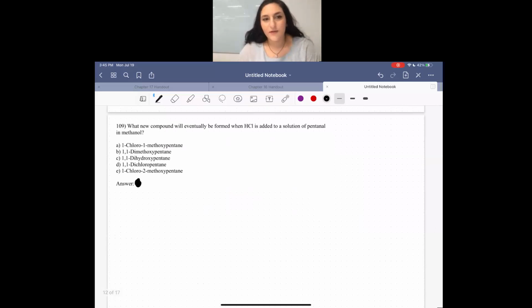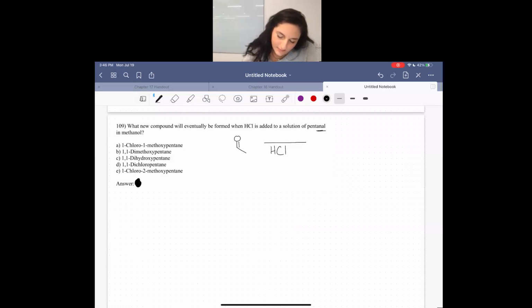So it's another one of those wordy reactions. What compound will be formed when HCl is added to methanol and pentanal? So pentanal means an aldehyde. One, two, three, four, five. Okay, cool. So pentanal plus methanol plus HCl. What reaction is this one?